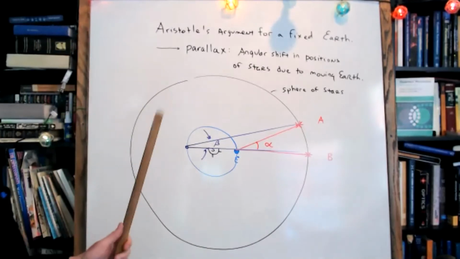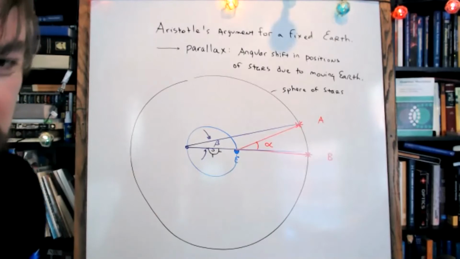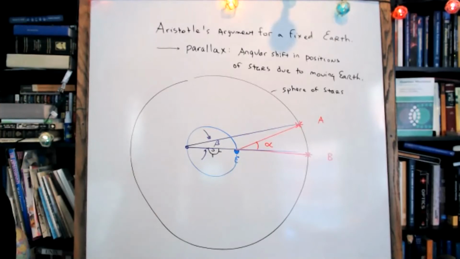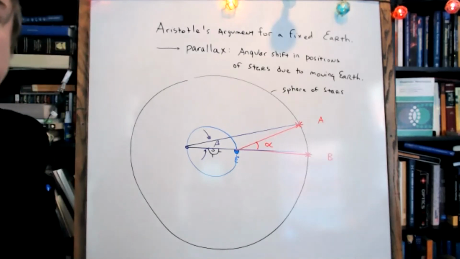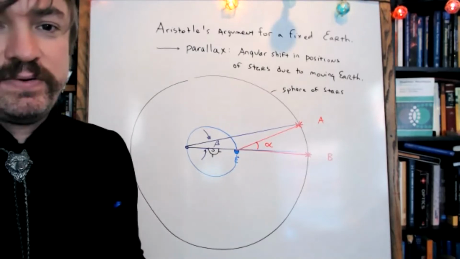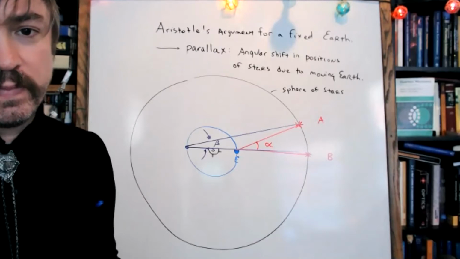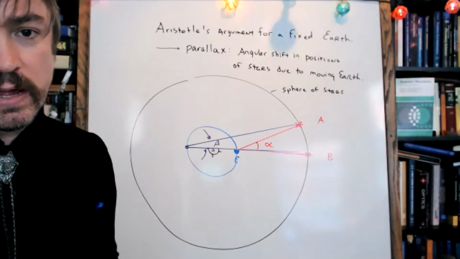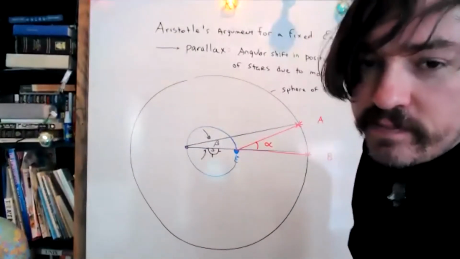What can you guys see is a difference between alpha and beta? Are alpha and beta the same angle? Who's got some intuitive skills at geometry? You're supposed to know this because we studied the small angle formula.